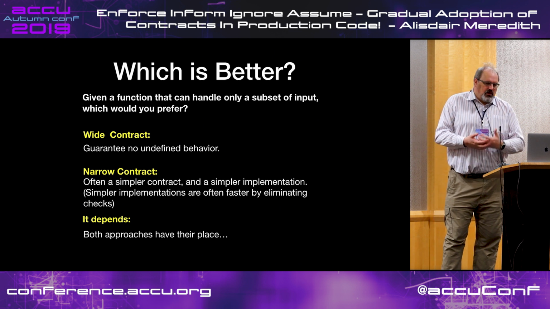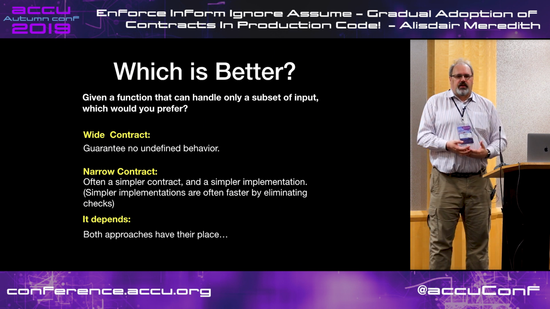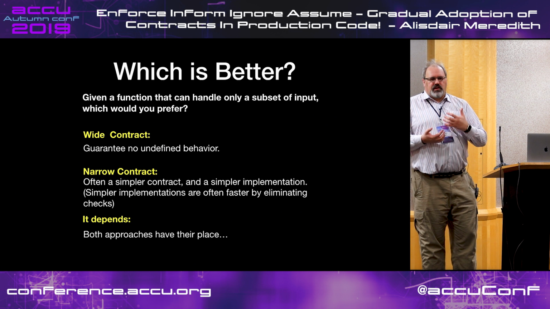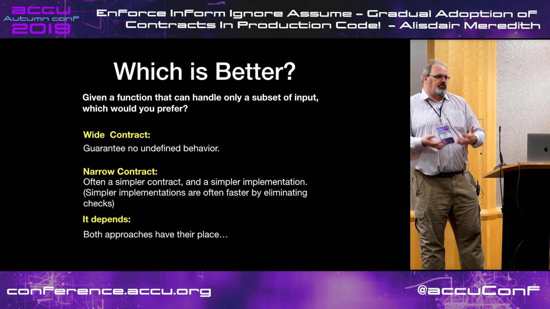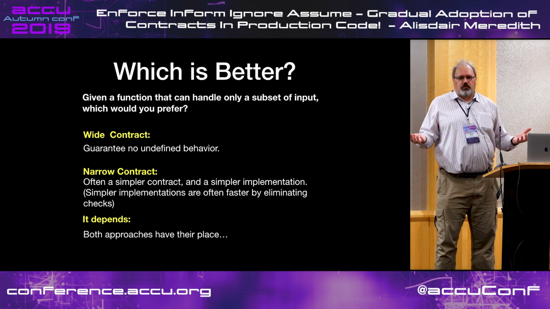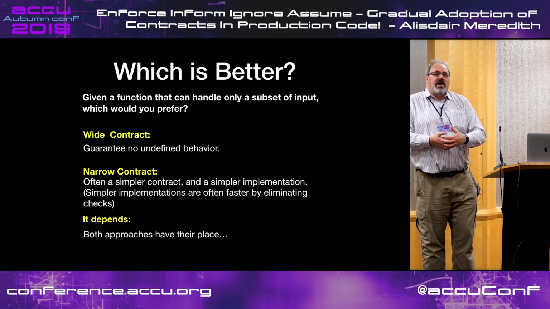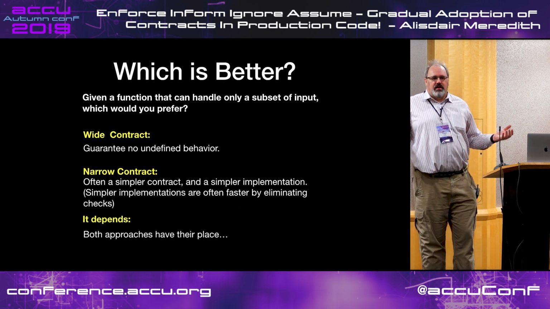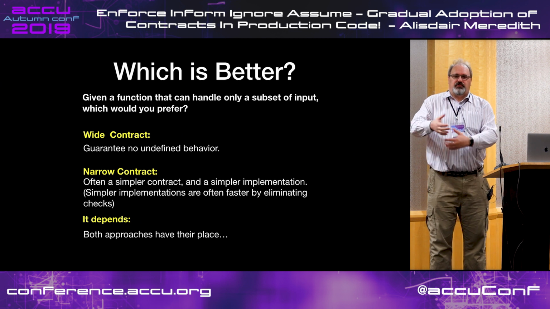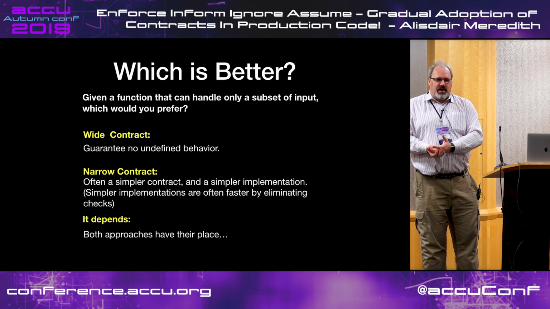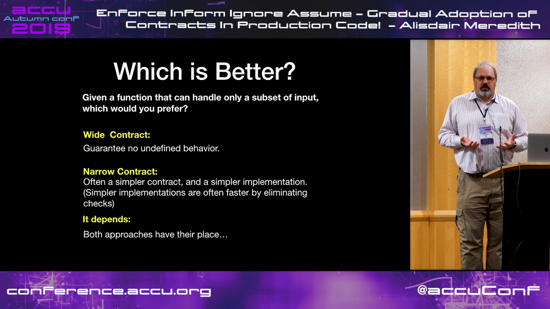One of the benefits of simpler contracts is simpler error handling. If I make all my contracts wide, I have to diagnose and report a wide variety of errors. So when I'm calling that, I now have many more errors I need to be aware of. I put the burden on the API developer to identify all those behaviors, and now I have to correctly handle them when I call it.